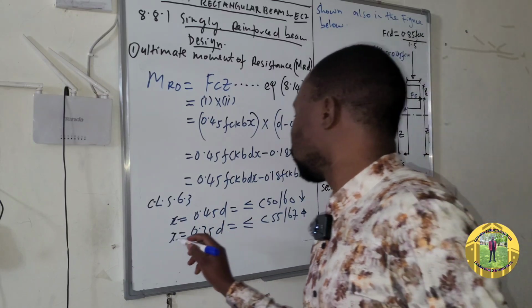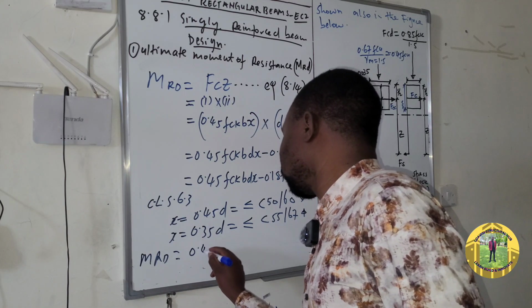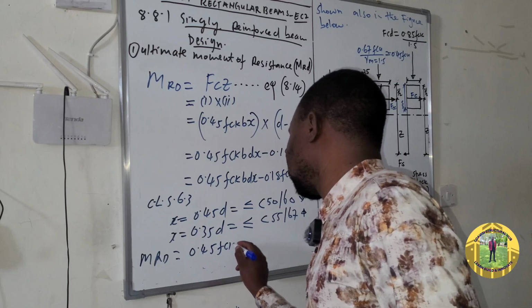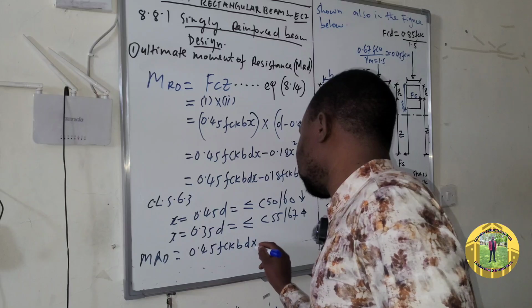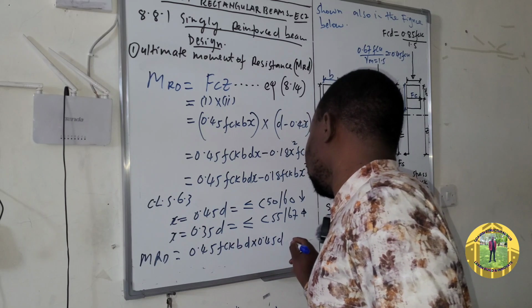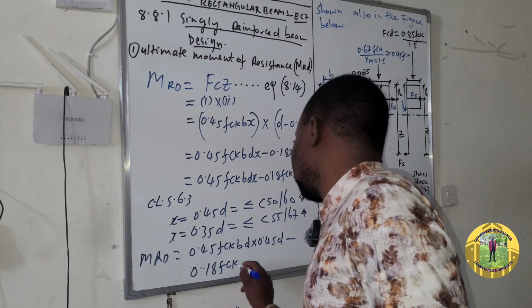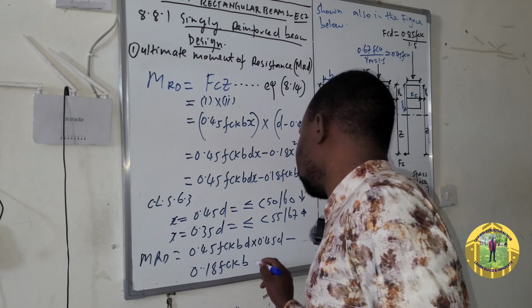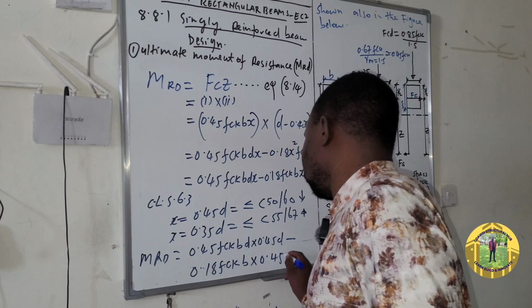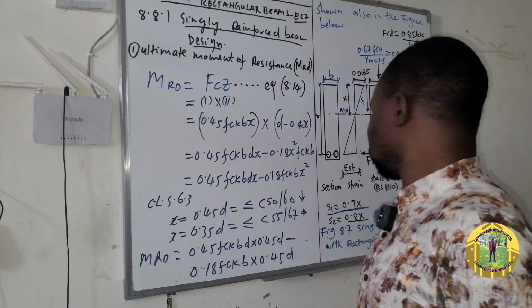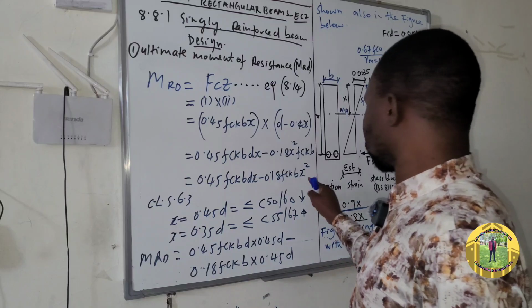So hence MRD is equal to 0.45 FCK BD, then X is 0.45D, minus 0.18 FCK B, and then we multiply by 0.45D, and remember, this is squared.